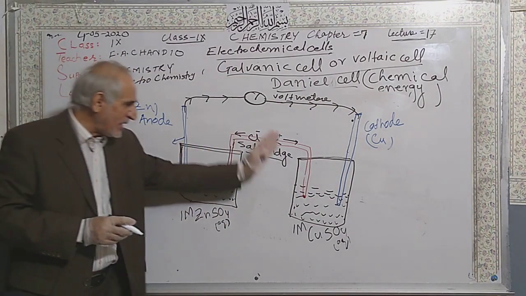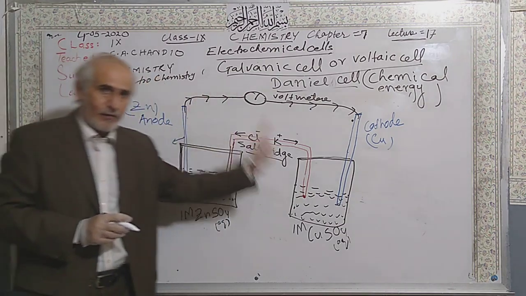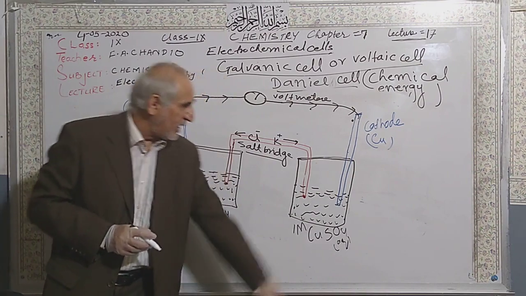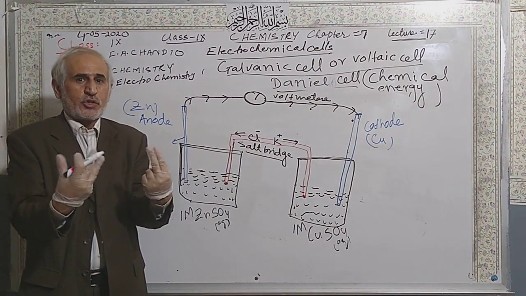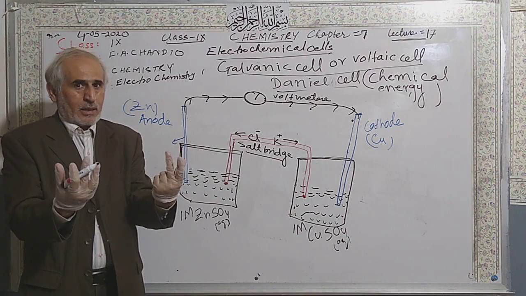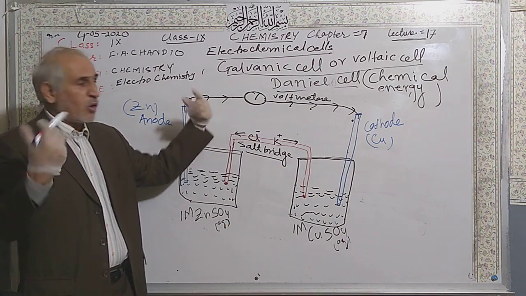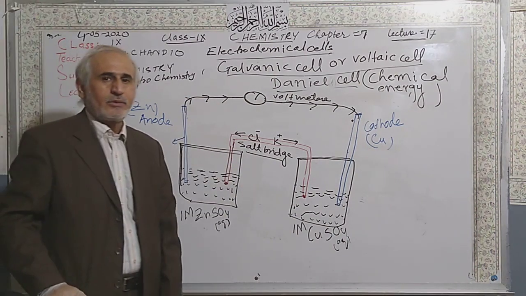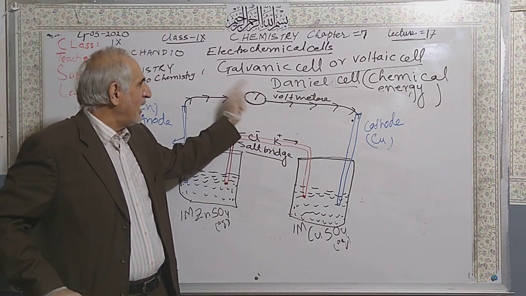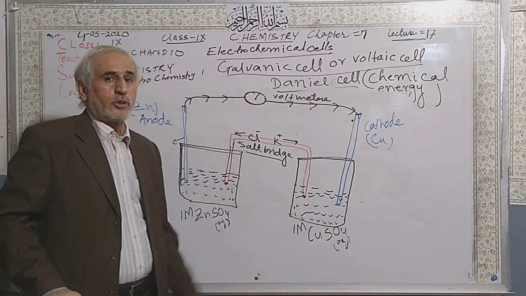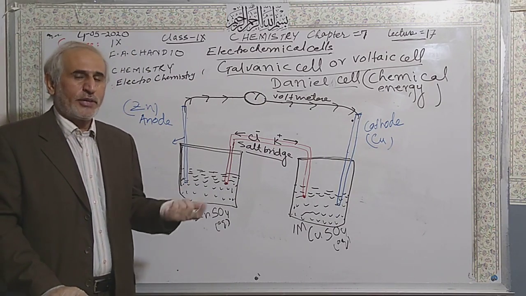So when the salt bridge is connected with these two cells, 1 molar solution of zinc sulfate and 1 molar solution of copper sulfate, you put this salt bridge to connect these solutions together. And how do I measure electricity? You can put a bulb here. If the bulb glows, it means the cell works. And you can put a voltmeter, this is 0 here. So this needle is going to move. The current is going to be shown by the voltmeter. How much voltage is this?